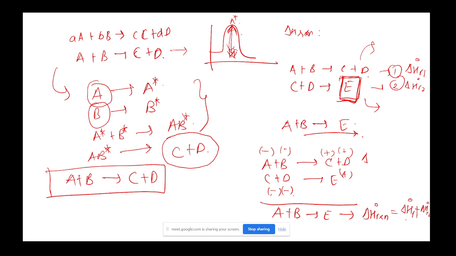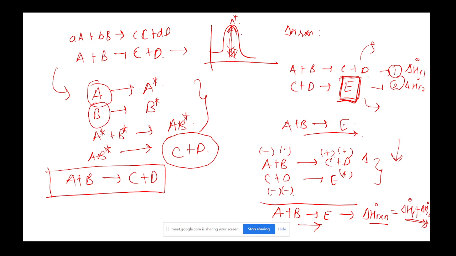This will be the net enthalpy change associated with the overall reaction. There can be some n number of reactions, so you just need to take the algebraic summation of the reactions. The way you add and subtract the reactions, in that manner you add or subtract the heats of reaction.